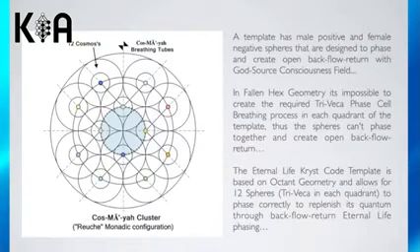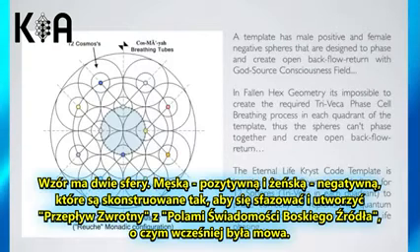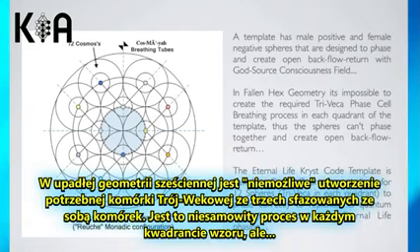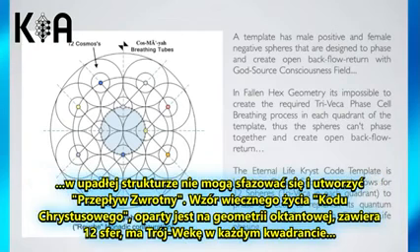So a template has male positive and female negative spheres that are designed to phase and create open backflow return with God source consciousness field, as I've explained a moment ago. In fallen hex geometry, it's impossible to create the required Triveca phase cell, which is the three cells together that phase, the breathing process in each quadrant of the template. Thus, the spheres can't phase together and create open backflow return.